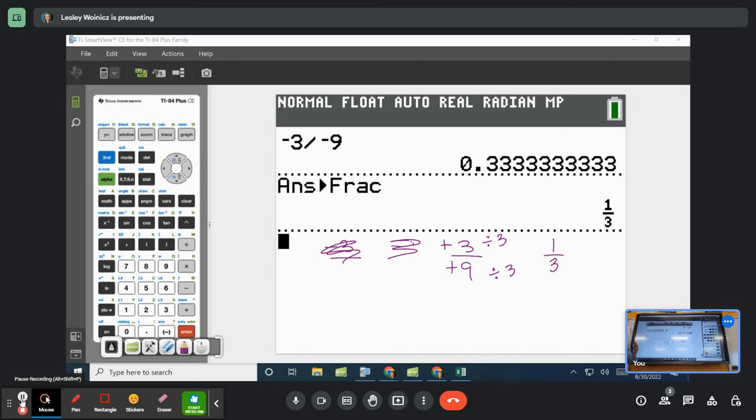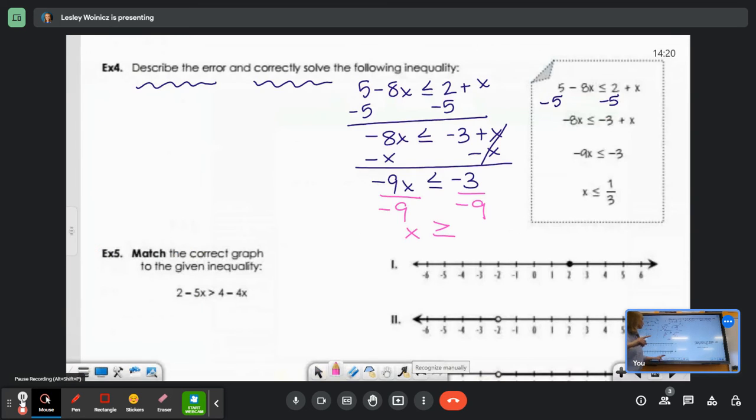This is multiplying, so we're dividing to undo the multiplying. Dividing by negative 9. You did it.